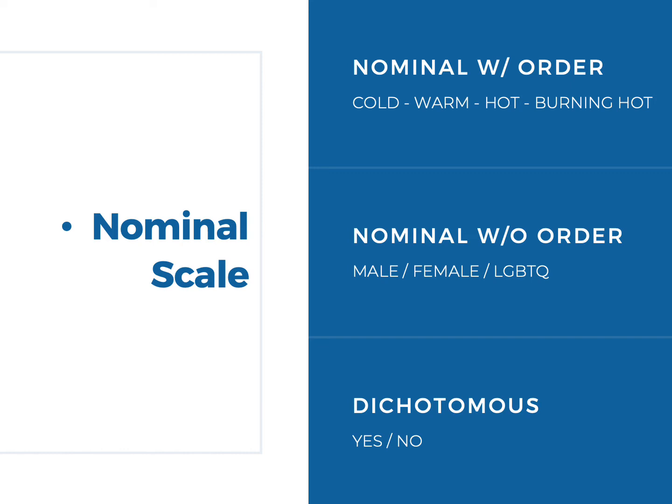Those data that don't need order include sex categories, color of the eye or hair, the nationality, or marital status. Dichotomous data is defined by having only 2 categories or levels, such as yes or no.